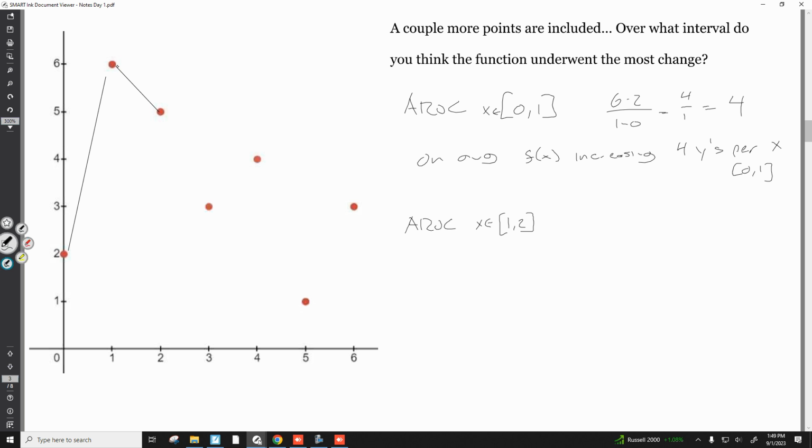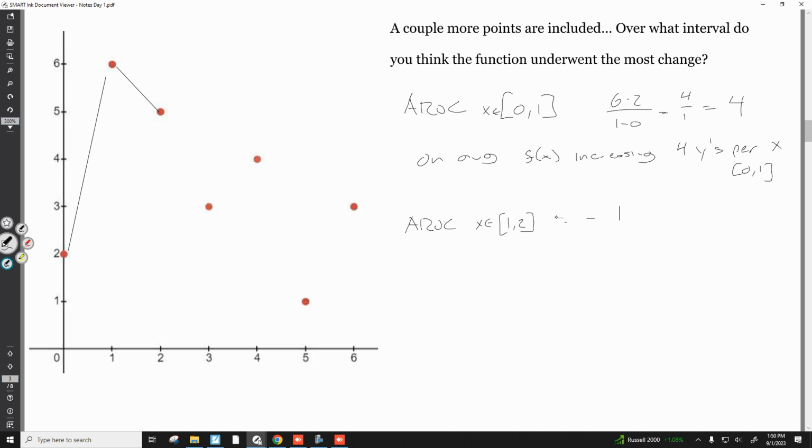Now, we don't have to do the slope calculations, guys. You understand visual change. 6 to 5, I go down 1 over 1. If you just said that it's -1, fine. That's what I want.